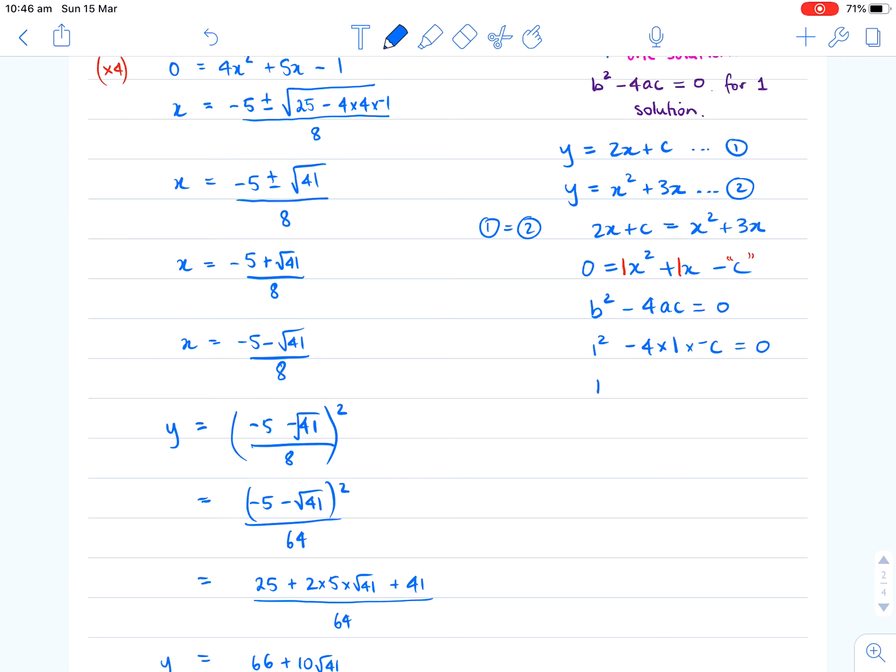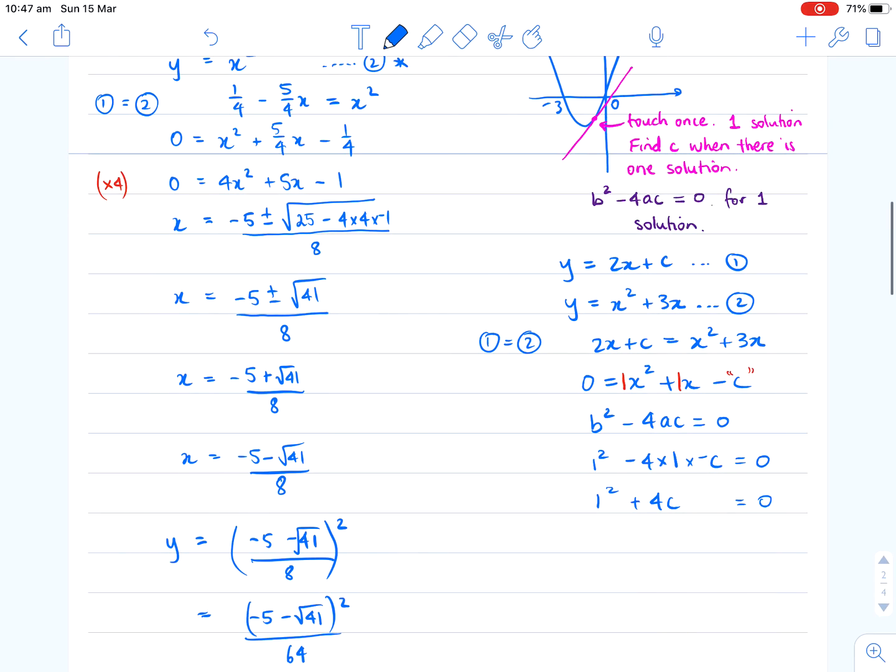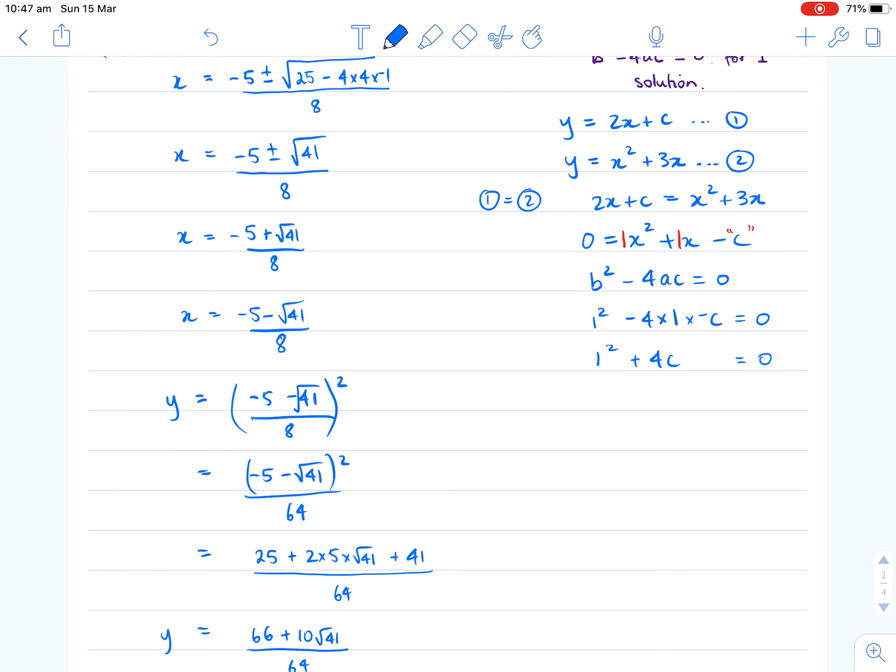And that has to equal 0. So 1 squared plus 4c has to equal 0. So then 4c must equal -1. c must equal -1/4. So I've found a value for c that has only one solution because the discriminant is equal to 0.